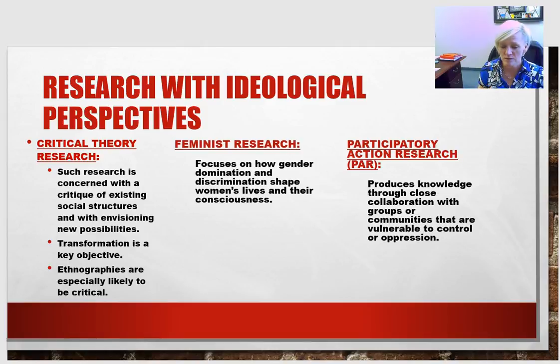There's also disability research, which focuses specifically on disabilities and the social constructs that influence people with disabilities. And then there's participatory action research. This looks at vulnerable populations and communities that may be at a disadvantage for some reason, and at the way society sometimes oppresses these people, bringing light to those things.